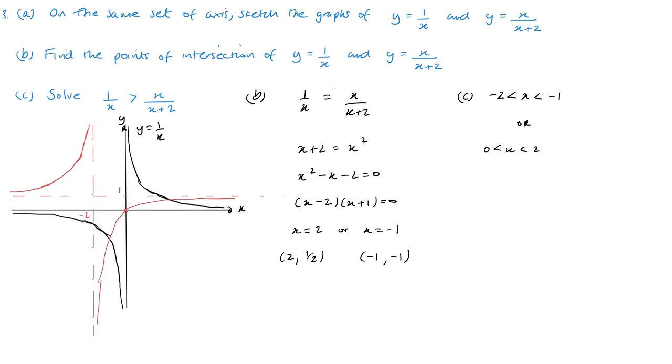That will be totally up to you if the question allows. Otherwise, if it asks you to sketch the graph first and find the points of intersection and then solve, it makes sense to do it this way rather than the way we did it in the last video.